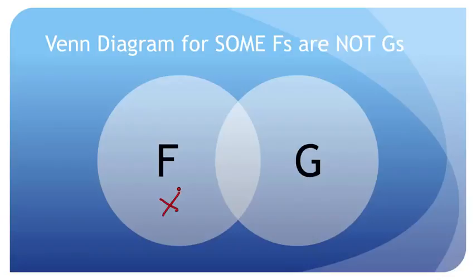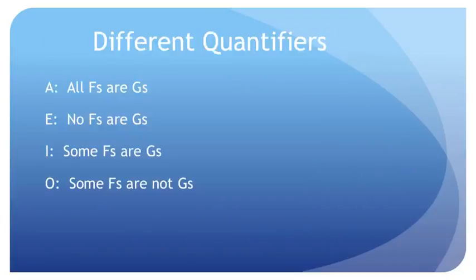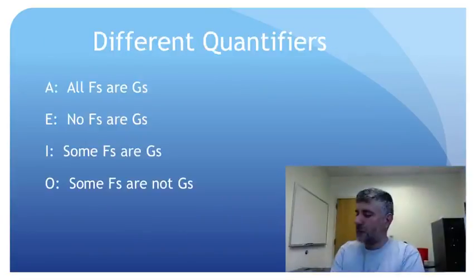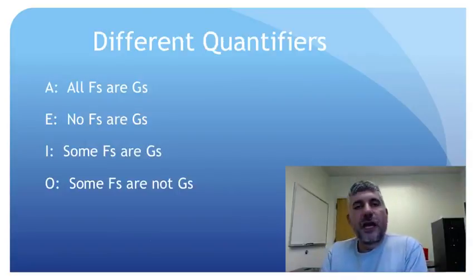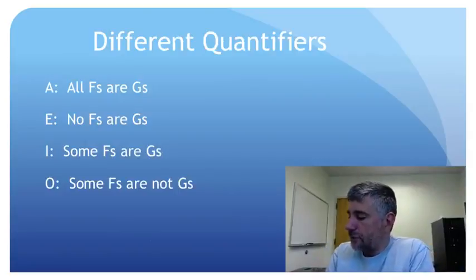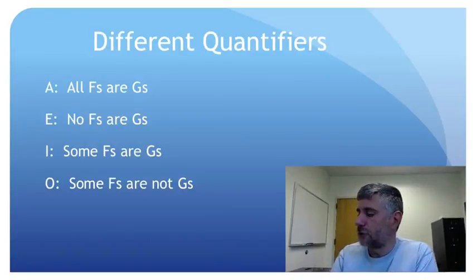Now, I'd like you to notice something. We've just gone over the Venn diagrams for propositions of the A, E, I, and O forms. But what I'd like you to notice, let's go back to those forms. Propositions of the A form, all F's are G's, are negations of propositions of the O form, some F's are not G's, right?